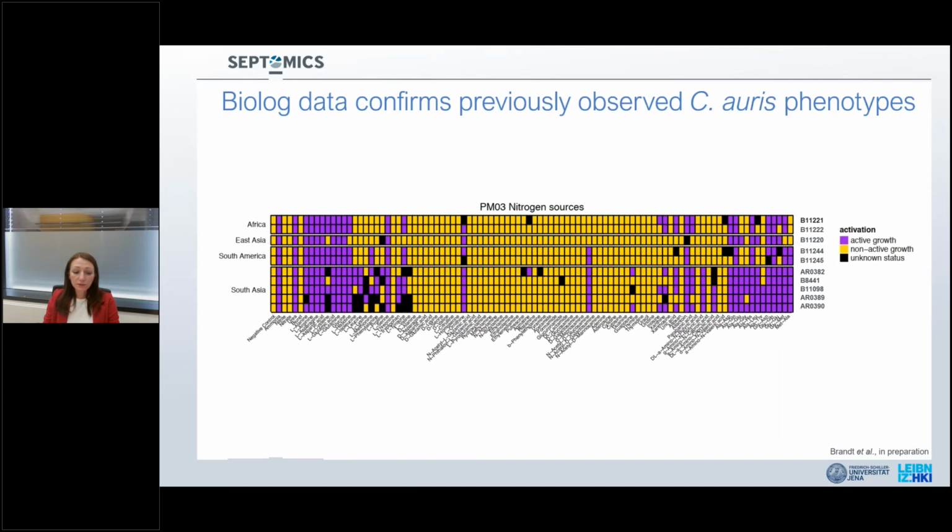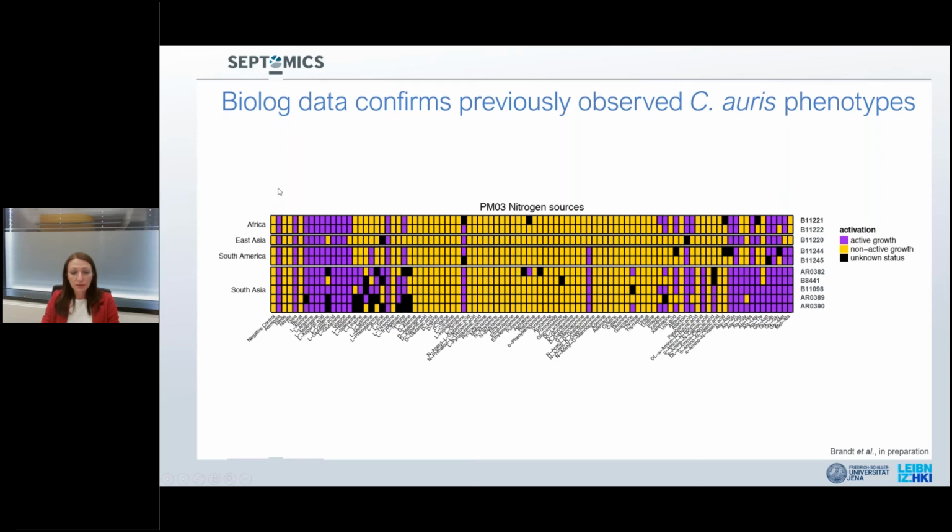And so we took representatives from all 4 clades of Candida auris, so from the African, East Asian, South American, and South Asian clades, and we subjected them to a phenotypic screen using the phenotypic microarrays to look for metabolic fingerprints, or differences that can assign some characteristics to these clades.